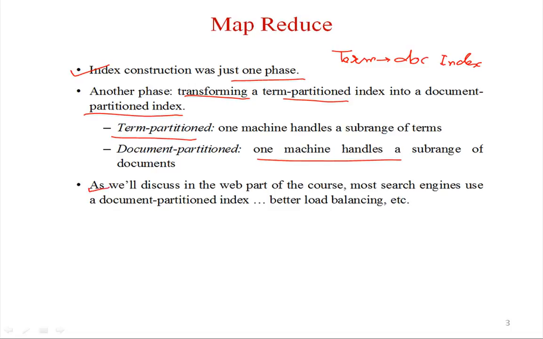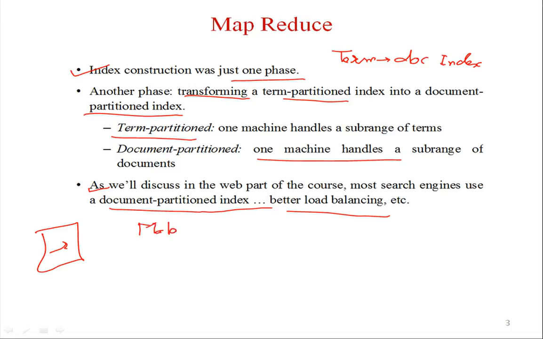As I discussed in the web part, most search engines use a document partition index, which is better for load balancing. In document partition indexing, we take a bunch of documents and pass them through a mapper function on the map cluster nodes.